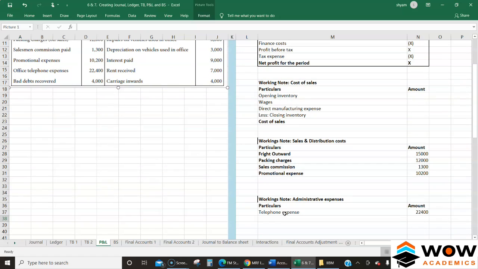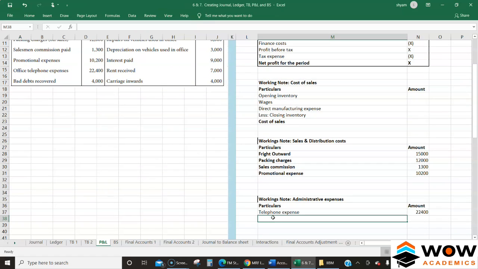So what we'll do is we'll put bad debts recovered in administrative expense. So bad debts recovered is an income, right? But the previous one is an expense. So what we'll do is we'll put a minus sign and we'll have it.